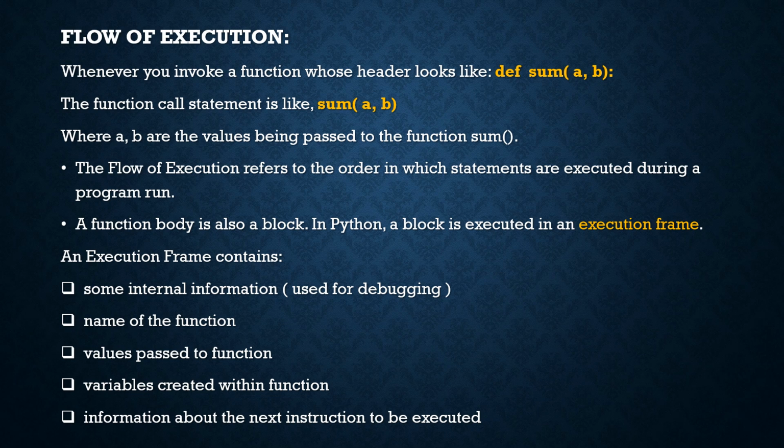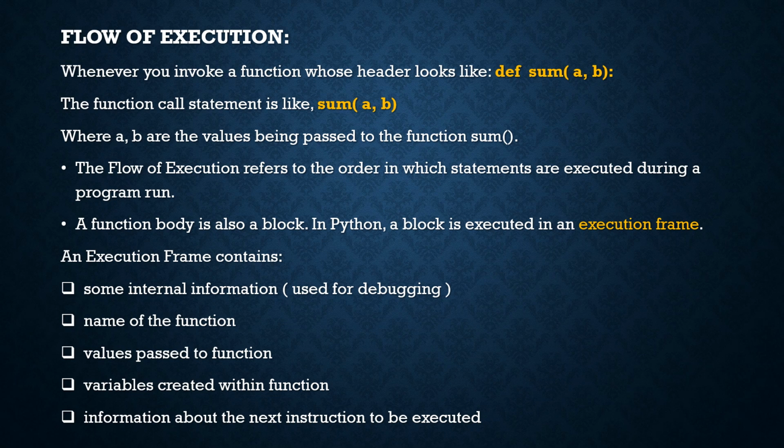Values passed to the function. Whenever you execute a program, statements without indentation can pass some values to the function header or function definition, and the values passed to the function will be specified here. Variables created within the function. Information about the next instruction to be executed. So these are all the things in a function execution frame.